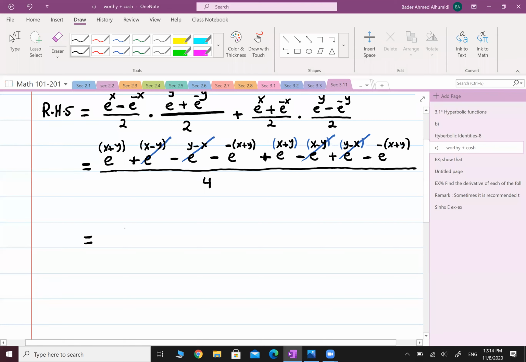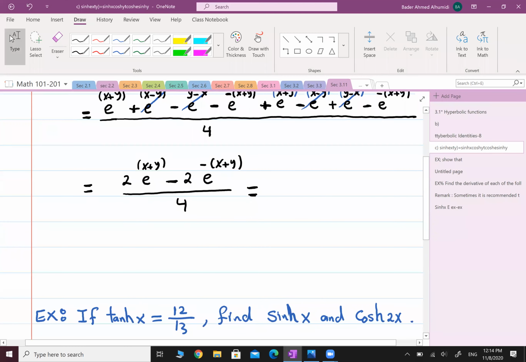That's twice the quantity, 2 times e to the power x plus y. I have also minus e to the power, so this is minus 2 times e to the power minus x minus y, all of this divided by 4. Now, if you divide the numerator and denominator by 2, you will have exactly e to the power x plus y minus e to the power minus x minus y, divided by 2.